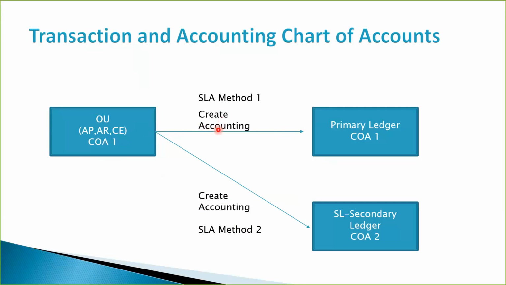However, are there cases whereby these two chart of accounts can be different? Yes. Is there a case where transaction and accounting chart of accounts can be different? Yes. And that could happen in the case of secondary ledgers. Now, let's remind ourselves what secondary ledgers are. For one, we know that they are associated with your primary ledger.